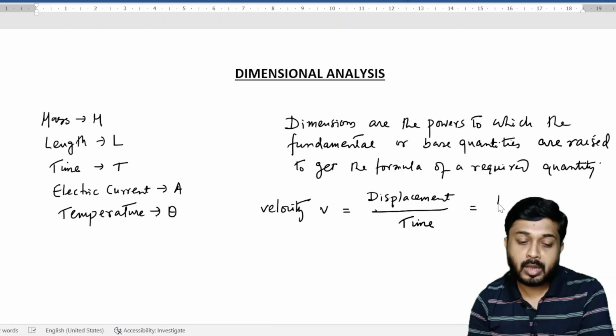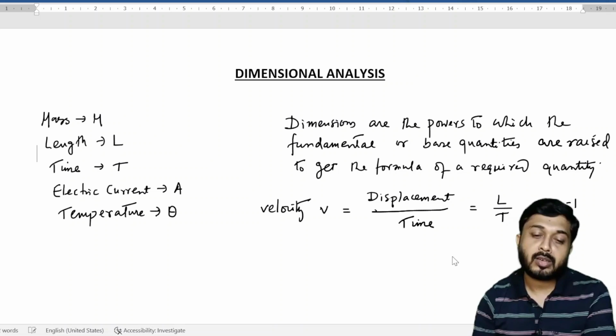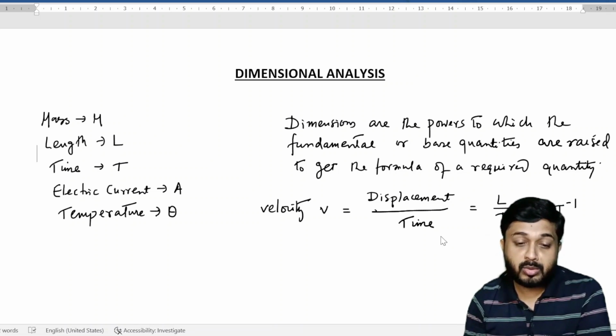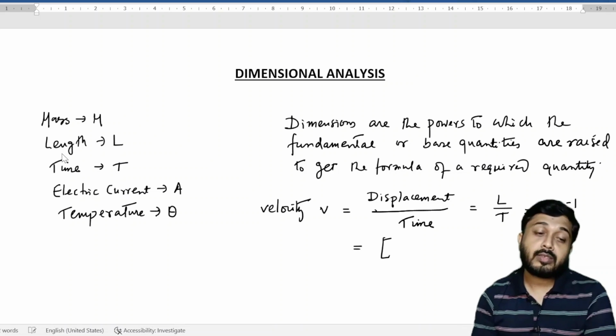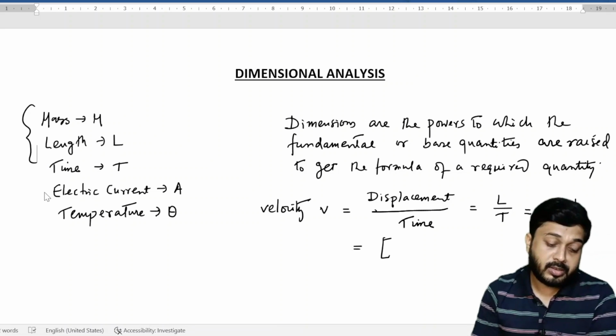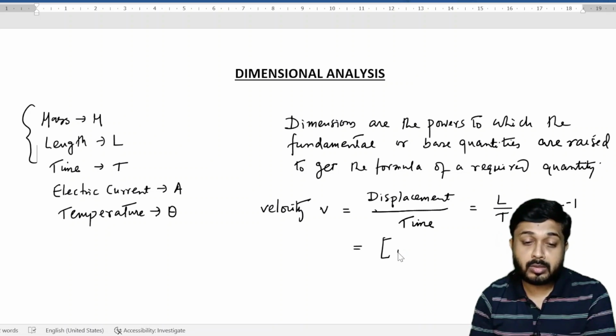So let us write capital L over here, and in the denominator is time, L by T. So we write it as L T to the power minus 1. You all can understand that 1 by T can be written as T to the power minus 1, and we denote it within the box bracket. The basic three fundamental quantities are mass, length and time, M, L and T. So we need to write all three.